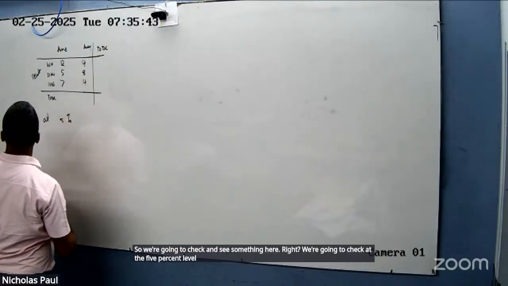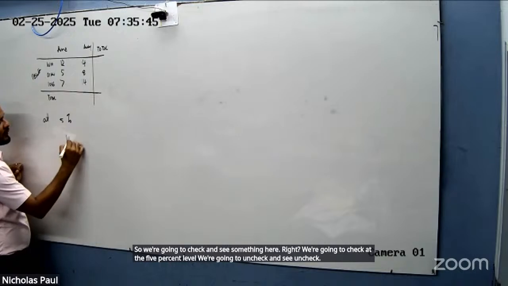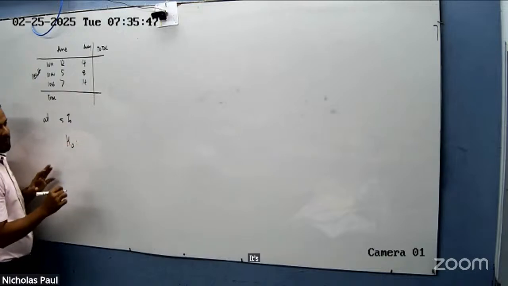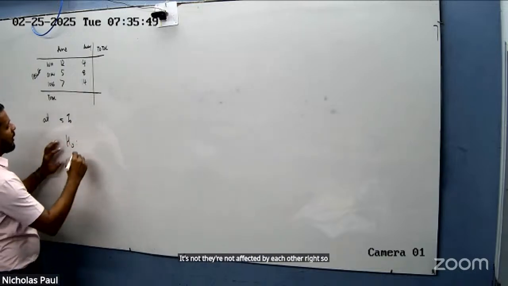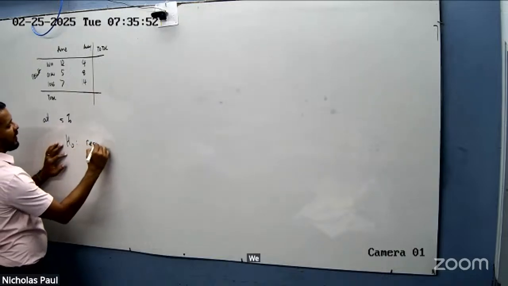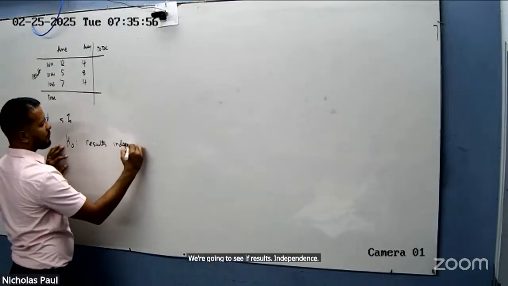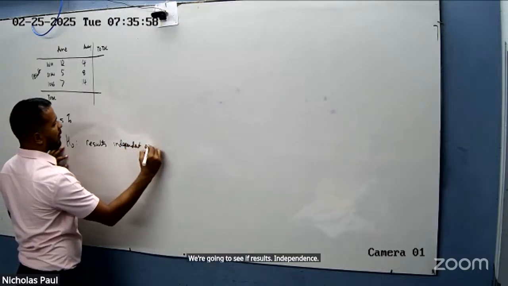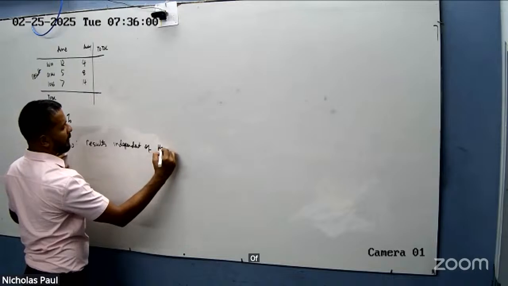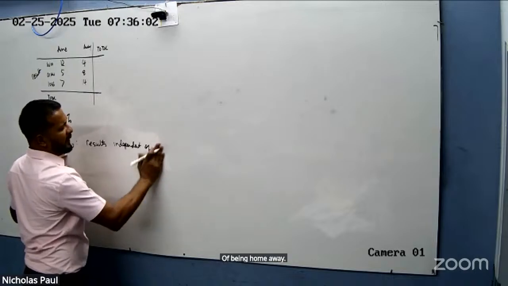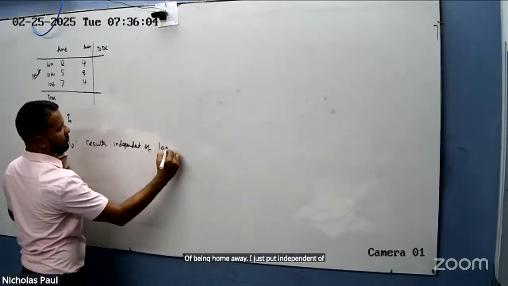We're going to check and see H0. They're not affected by each other, right? So they're independent. We're going to see if results are independent of being home or away. Right? I just put in independent of location, right?